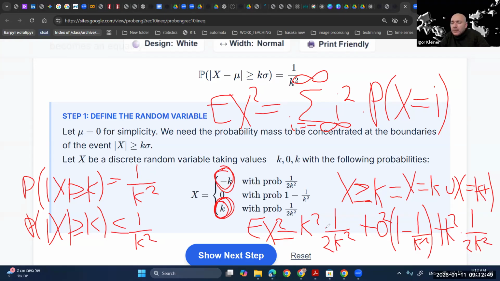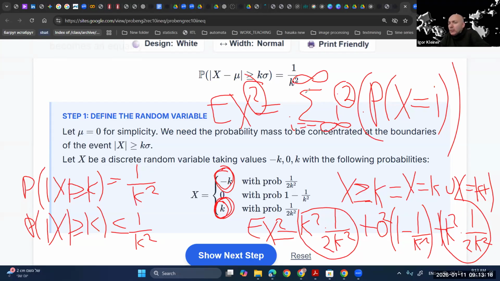But shouldn't there be more than k squared on the bottom? The probability is 1 over 2k squared. Pay attention to this formula: for the expected value of x squared, we only put the square on i. We don't put the square on probabilities, only on the values of i. Here we won't use the square.